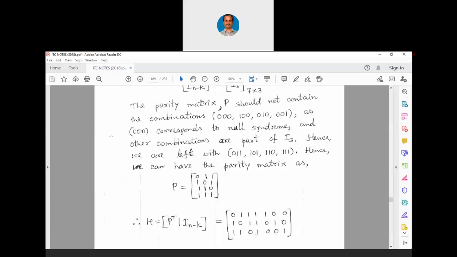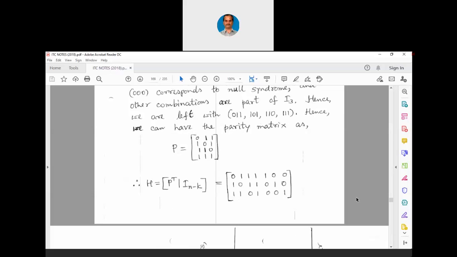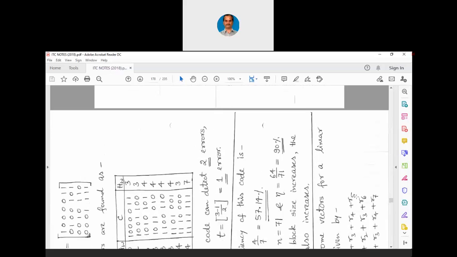That is P transposed. Then we write the identity matrix, that is 1 0 0, 0 1 0, 0 0 1. So, this is the Hamming matrix, which is going to be utilized at the receiver for error detection and correction. Let me rotate this page once again.